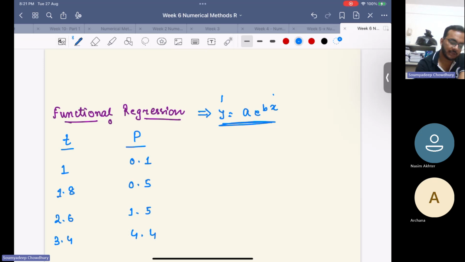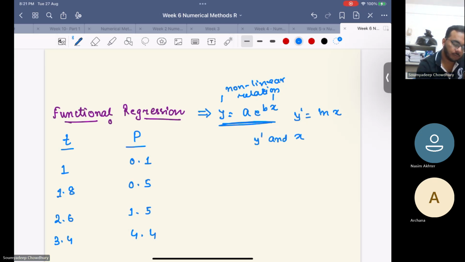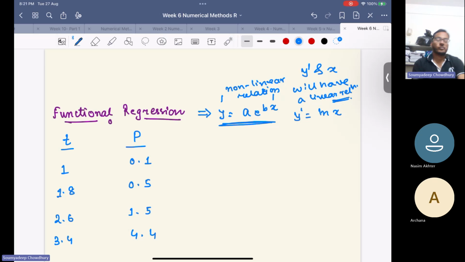Here y and x have a non-linear relation, whereas y dash equal to ln y and x will have a linear relation, right? Basically the question will be to find a and b.